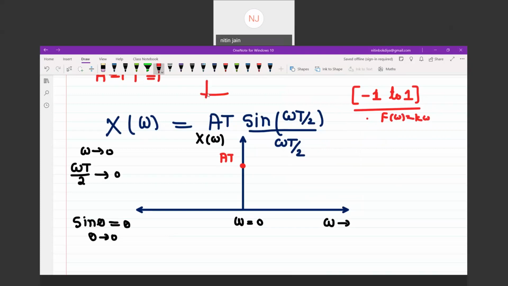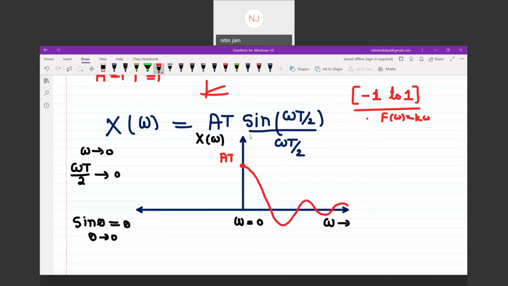This is the equation of a straight line. So as you increase the value of omega, its amplitude will reduce. It follows the behavior of sine, but as omega increases, its value reduces.